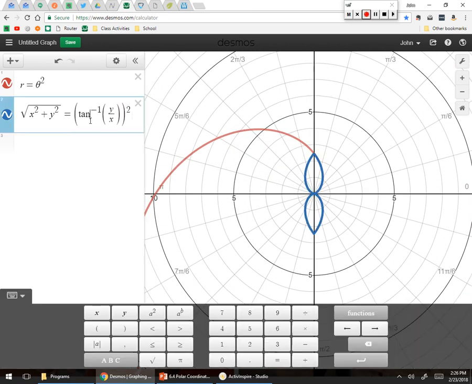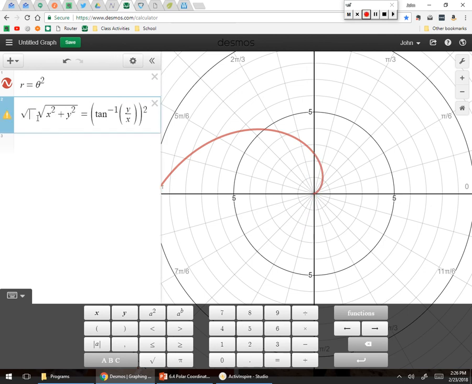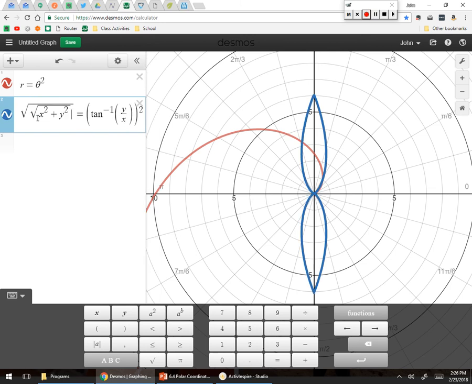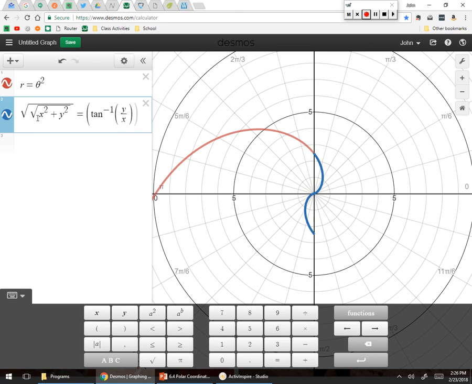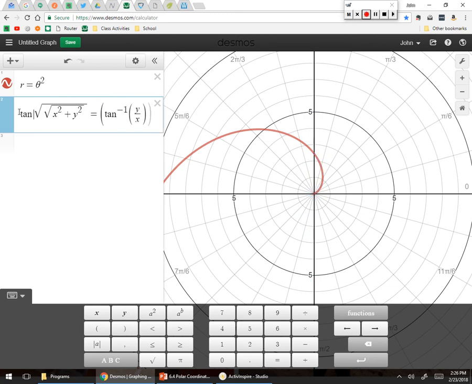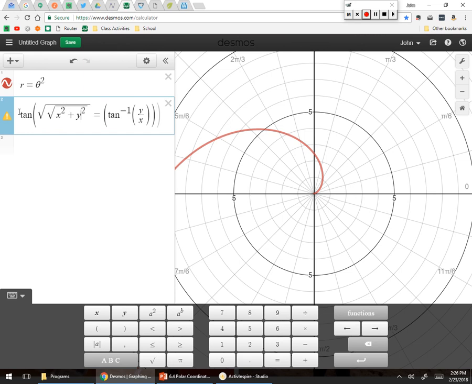And the reason that tan inverse doesn't work, maybe we could take another square root here. All this garbage here. And maybe we could take the tangent of this side, I don't know. Maybe we can make up for our errors.